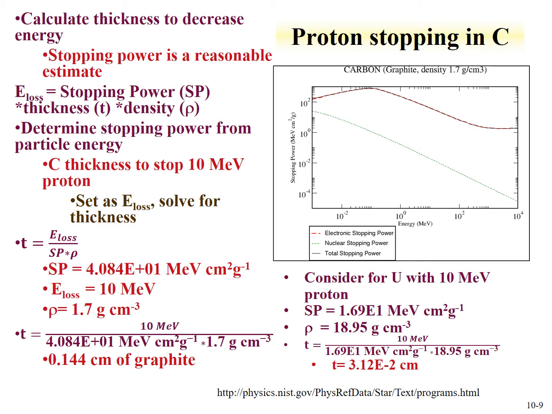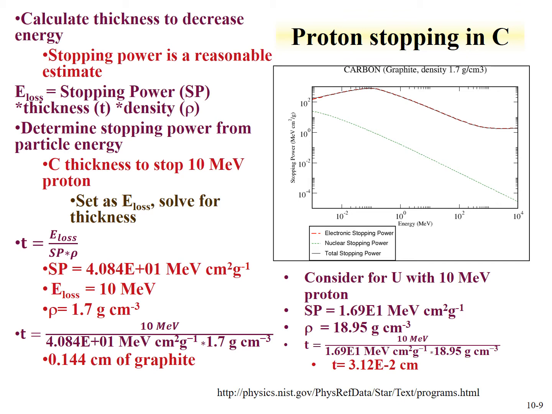One can also use the stopping power to determine range of particles in matter. There's a program that's available on the web. It's called E-star or P-star, E for electron, P for proton, and it's from the NIST site, and it'll provide very good information on stopping power as a function of energy for protons and electrons in a large range of matter.